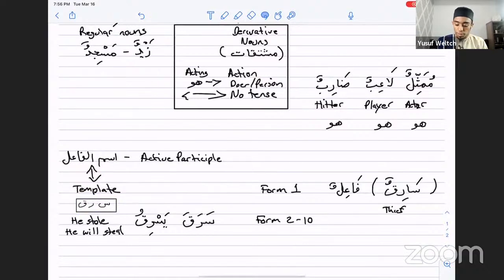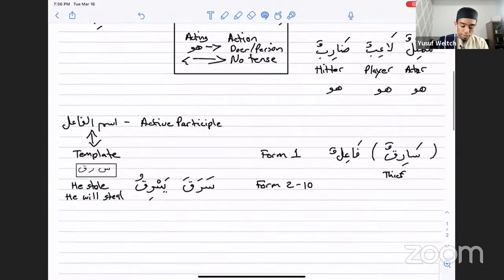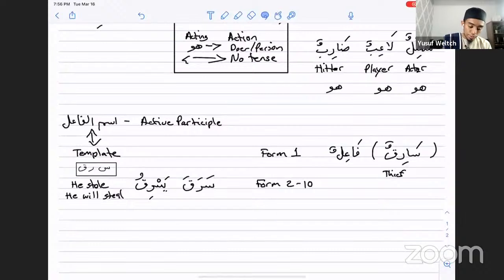Okay, so it's made from the mudari'. Right here, sadaqa is the example for form 1. There is no form 2 for sadaqa. So let's give an example for form 2.